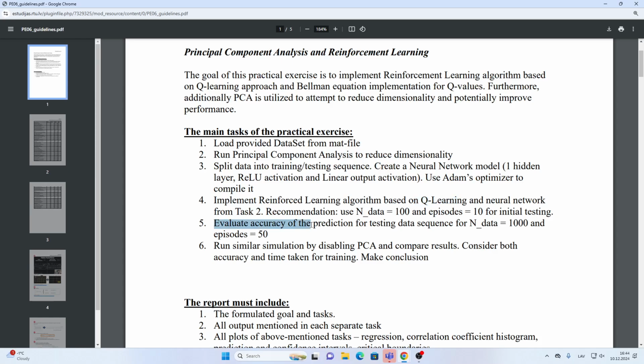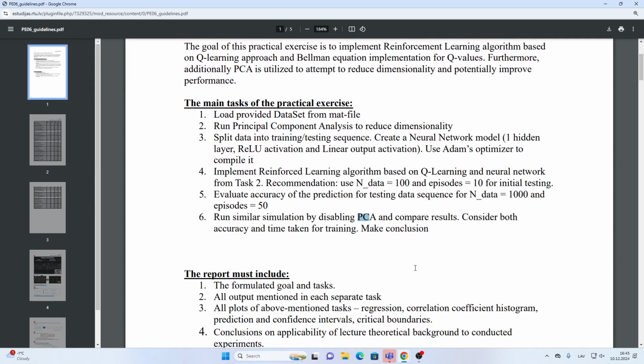Then we are going to evaluate the accuracy of prediction for our testing data and accordingly repeat this simulation without principal component analysis to get an understanding of how it changes the time it takes to run and whether it changes accuracy or not. Because effectively, principal component analysis says you don't need 400 features. You can do fine with just 50 of them, which is going to be faster, of course. The question is, how much faster? And hopefully it doesn't affect accuracy either. So that's what we are going to find out.